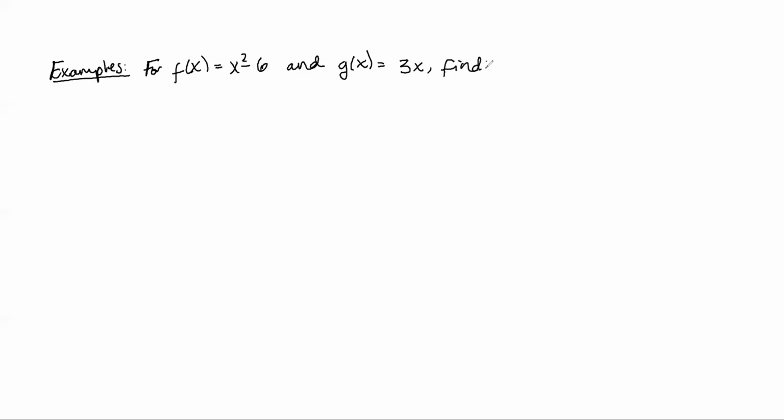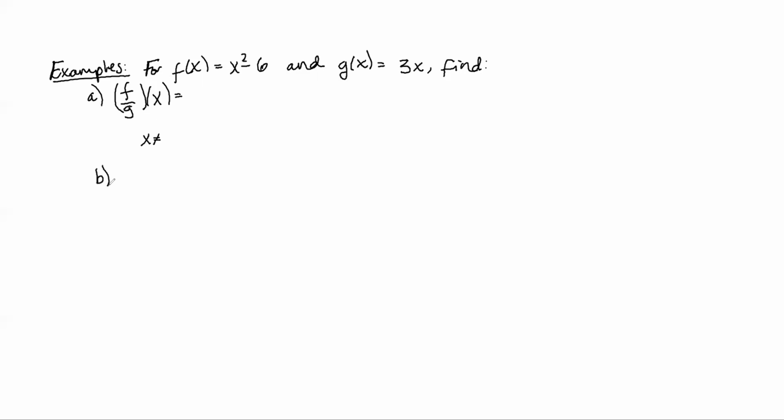We're told to find part A, which is f over g of x. And for this problem, we also want to say what x cannot equal. So we'll talk about why we have to do that after we plug it in.